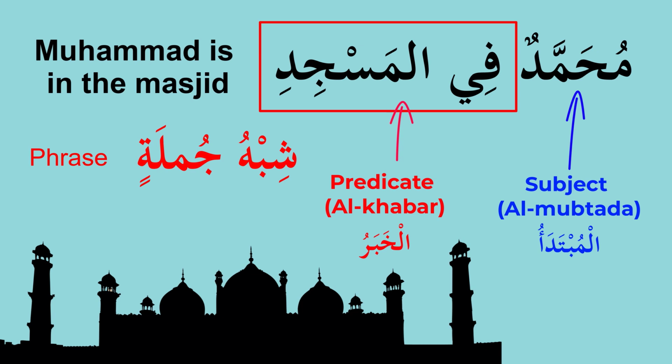And together I will write down jarun wa majrurun. But today, together, isn't it? Shibhu jumla khabar. I know it is quite a bit to swallow, but it will come because I am going to repeat it all the time.